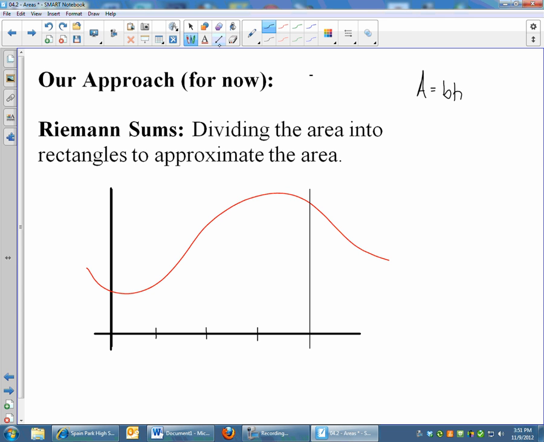So anyway, say we divided this into 4 subdivisions and I wanted to use rectangles. What we do is we draw our rectangles up to the curve. And you have to choose whether you're going to use the left or the right side. So if I wanted to use 4 rectangles, I could draw my rectangles like this, such that the right side of the rectangle determines the height.